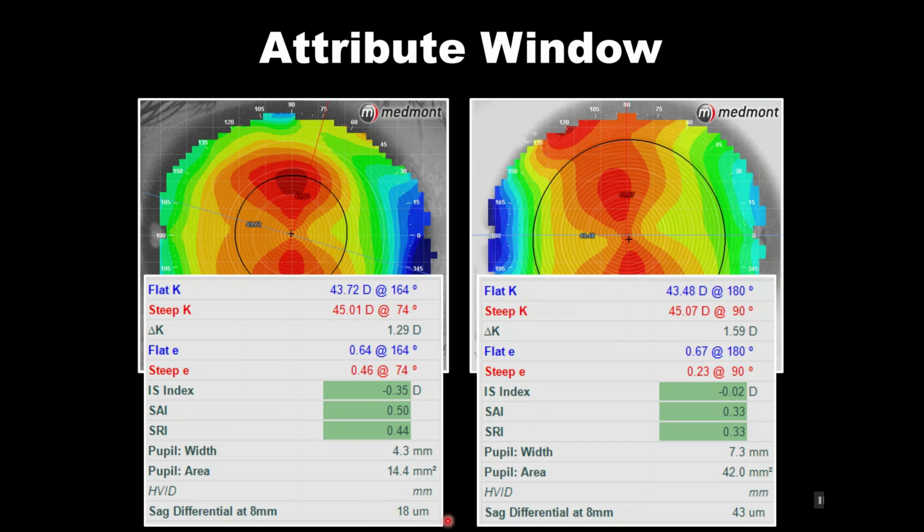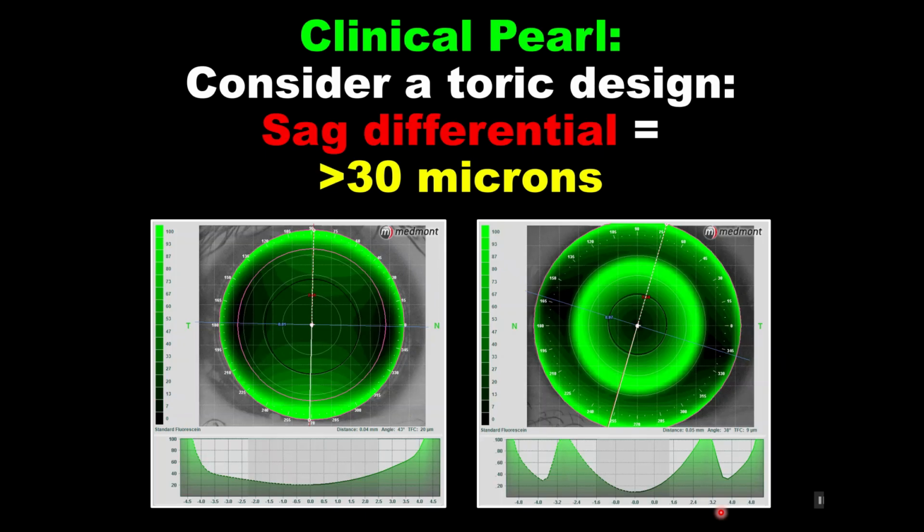Medmont gives us this number as an easy lookup that's just below the K readings, just below the eccentricity of the eye, the disease detection indices, pupil width, visible iris diameter, and so on. So without having to do a great deal of analysis and clicking anywhere on the screen, I quickly know that this is an eye where I would use a symmetric. This is an eye where I'd use a toric ortho K lens.